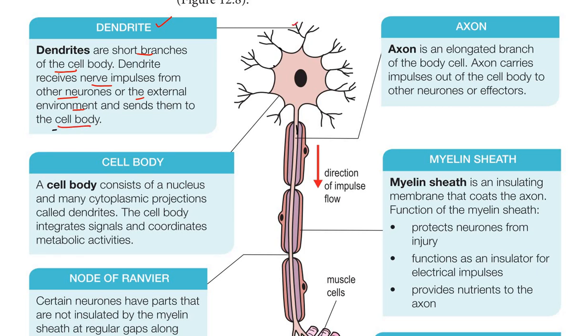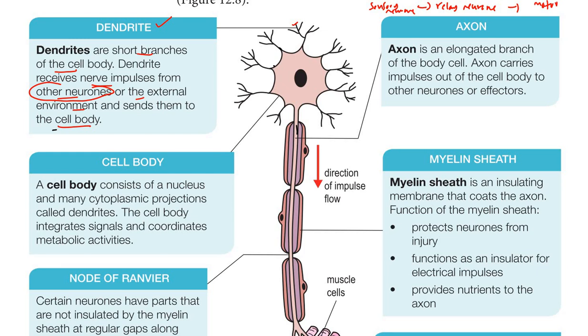So dendrite will receive nerve impulse from two sources. First are the neurons. For example, maybe we have the sensory neuron, and we have the relay neuron. The relay neuron will receive the nerve impulse from the sensory neuron. And then we have the motor neuron.